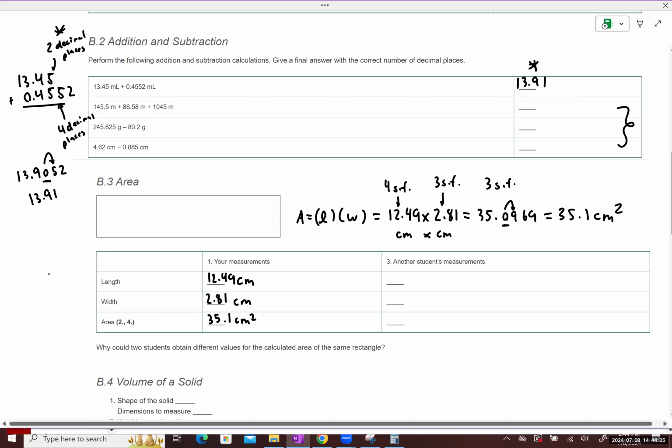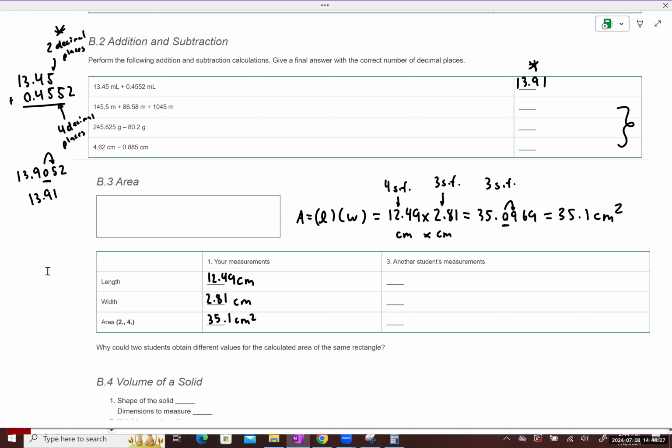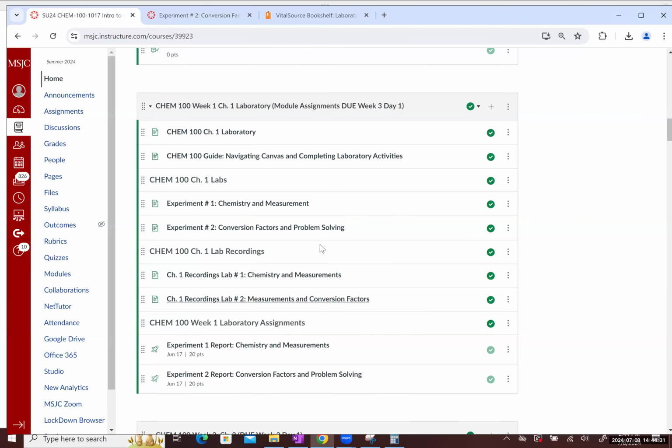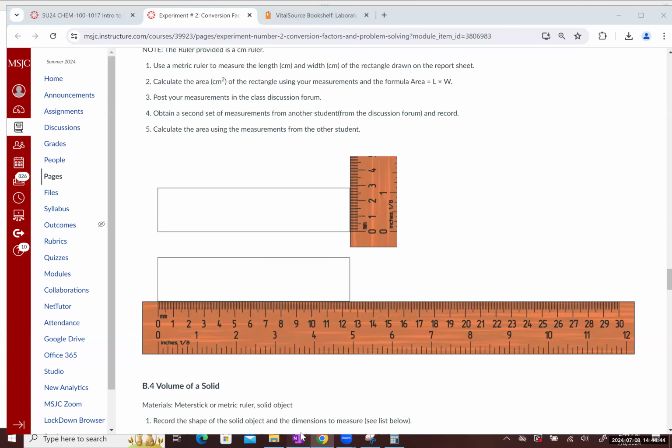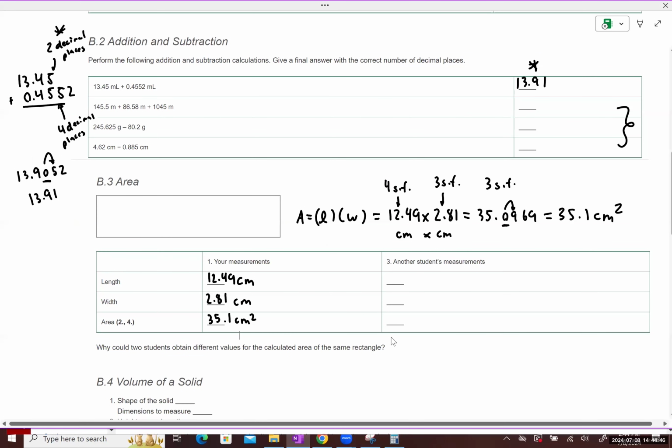Wonderful. So now you're going to collect data from another student's measurement. One of the tools that I recommend to do that is posting in the discussion forum and seeing if other students have shared their values in the discussion forum. Wonderful. So we have completed part B3.